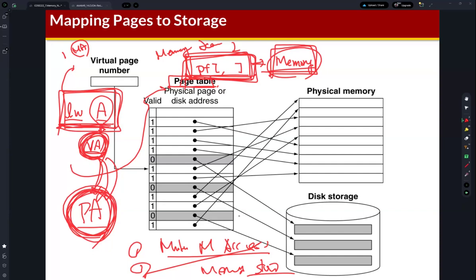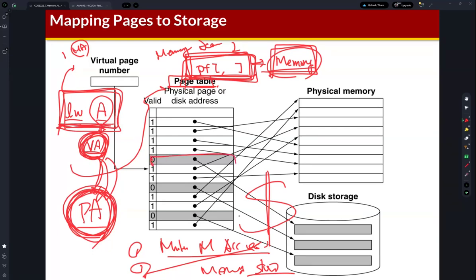So in this chapter, we learned that because the memory is slow, we solved this problem using cache, right? So what is required?